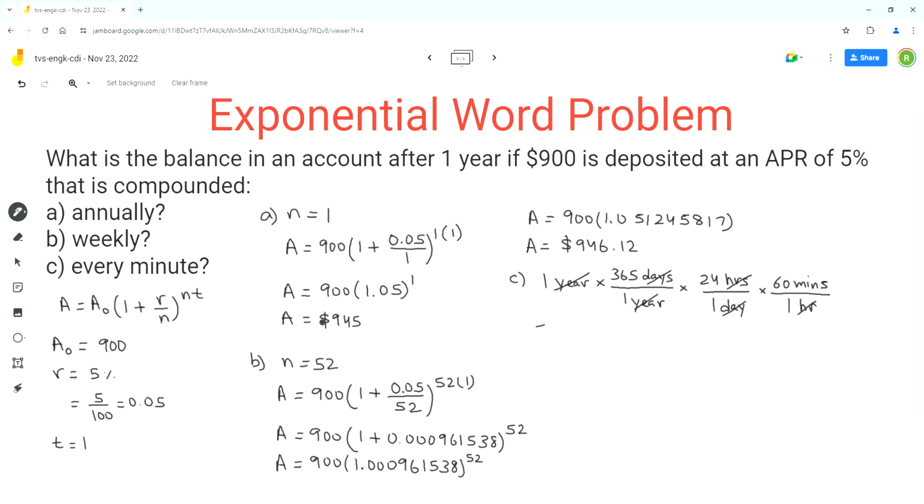Now we can multiply these numbers. So we have to do 365 times 24 times 60, which is equal to 525600 minutes. So that's the n value for part C.